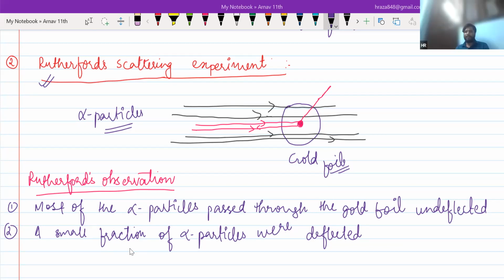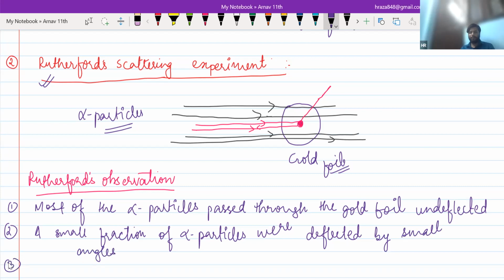So second observation is that a small fraction of alpha particles were deflected by small angles, that I already told you. Third observation is that a very few particles, 1 in 20,000, you can write 1 in 20,000, bounced back.